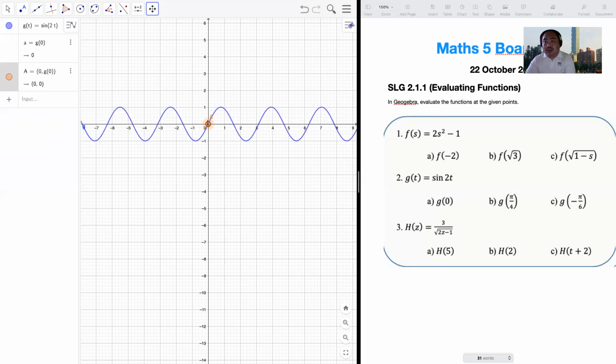We will see more of that in the following exercise. So what is g of pi over 4? You can write pi conveniently in GeoGebra by just typing pi, and then divided by 4. So g of pi over 4, it says here, is 1.